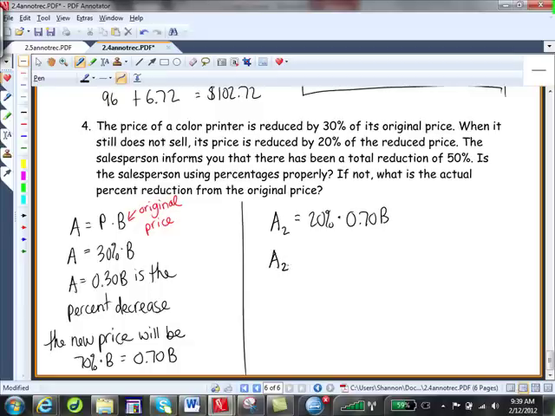So this new amount of discount will be 0.20 times 0.70 times B. So let's take a look at what all that means.